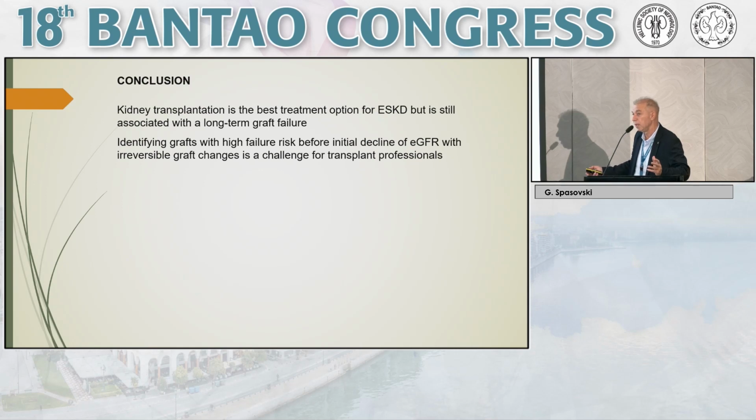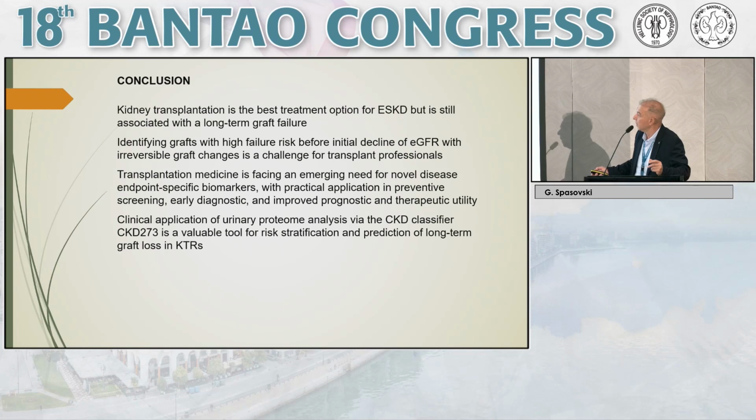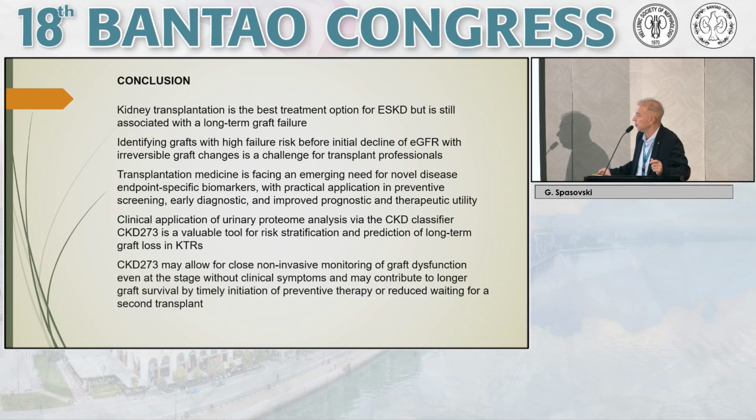Because when we do have the first increase of serum creatinine, this is already one third of the kidney left, and then there are irreversible graft changes. Transplantation medicine is nowadays facing this emerging need for new markers, and clinical application of urinary proteome analysis with the CKD273 classifier is a valuable tool for risk stratification and prediction of long-term graft loss in kidney transplant recipients.